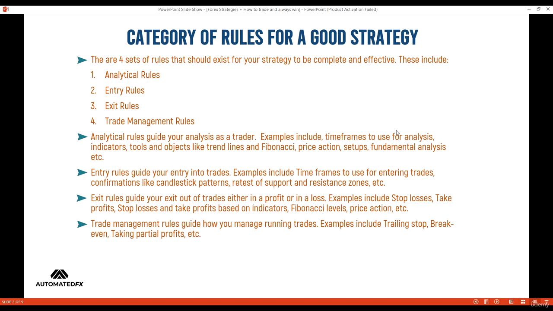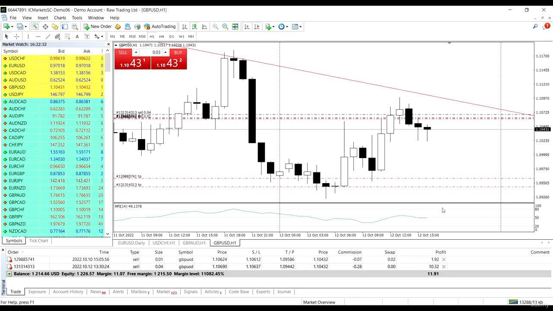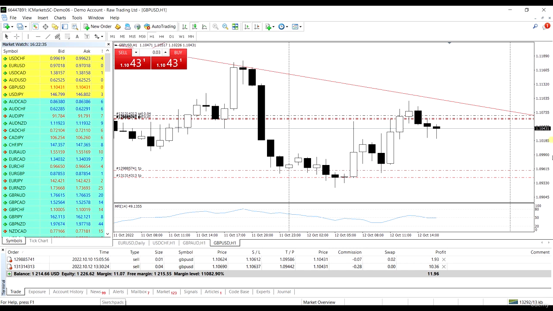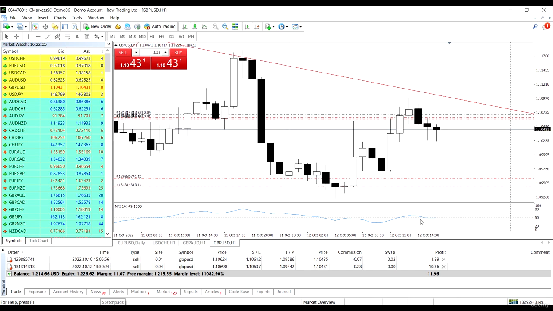So there you have a rule that you analyze only on higher time frames, on 4-hour time frames, on 1 hour, on 30 minutes, depending on what your strategy entails, right? It could also include indicators to use. So it could be an indicator-based strategy, whereby probably you're buying here and selling here.